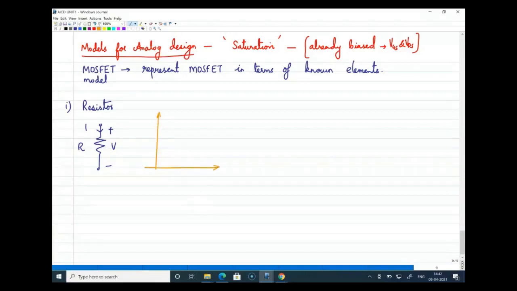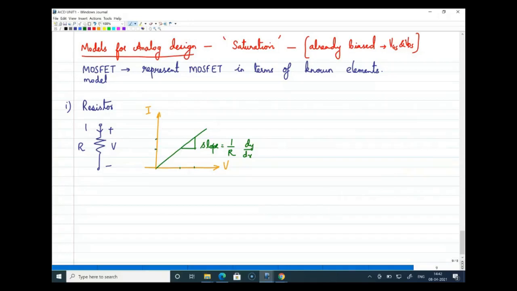So usually by practice on the x-axis we will take V and on the y-axis I, and we know that in a resistor the current is proportional to the voltage. So you have a straight line, and the slope of the straight line is dy by dx, the change in current with respect to change in voltage.